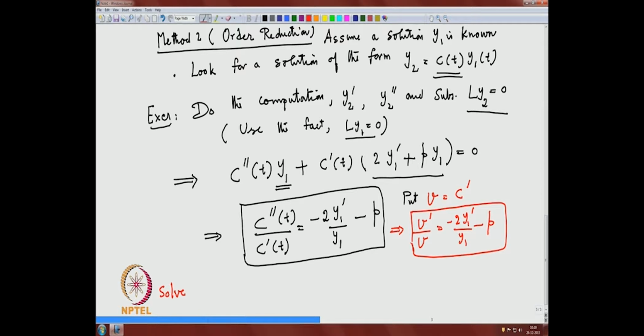So you have a first order equation, solve for V, which you can write explicitly because y 1 is known to you.